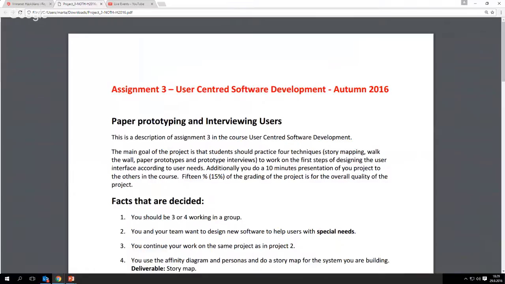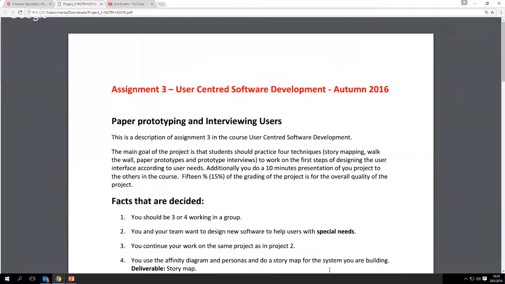This is the way that they recommend in the book, especially for new ideas, because you have a totally new idea, and then you have to be able to move everything around when you interview people. So this is the goal, the paper prototyping and interviewing using the paper prototypes with users.